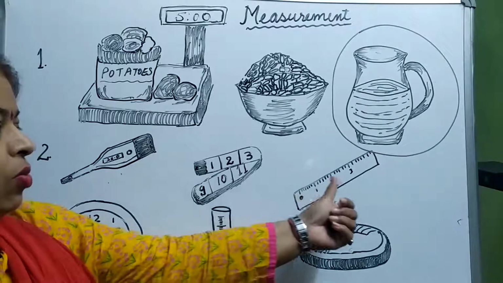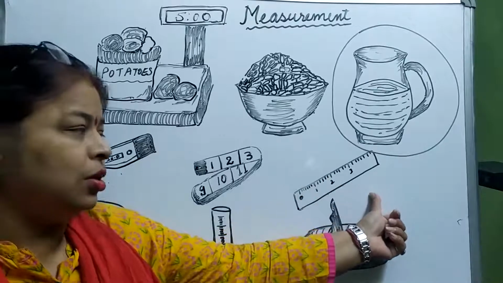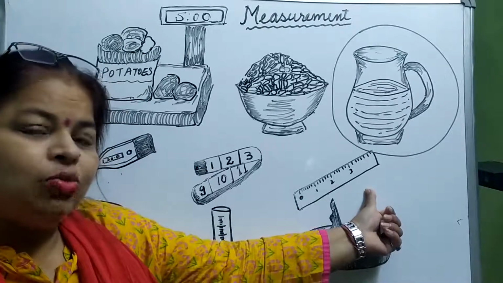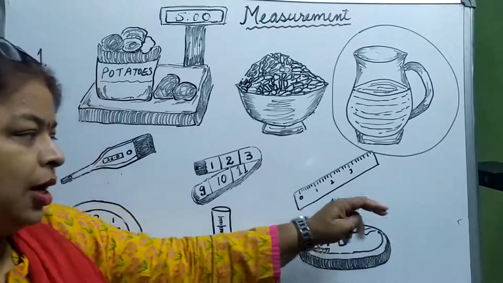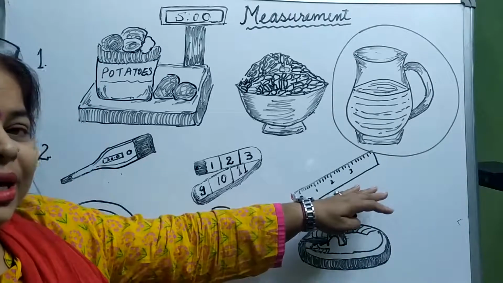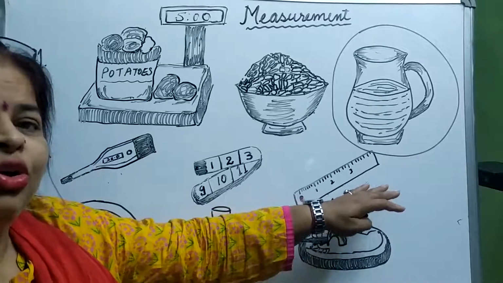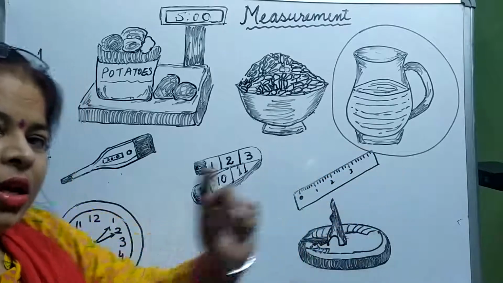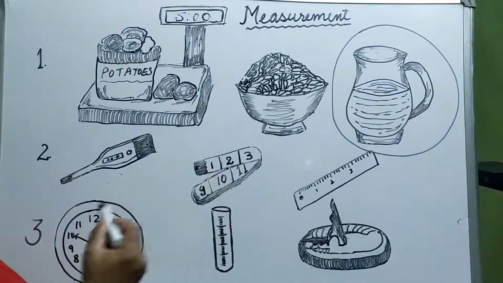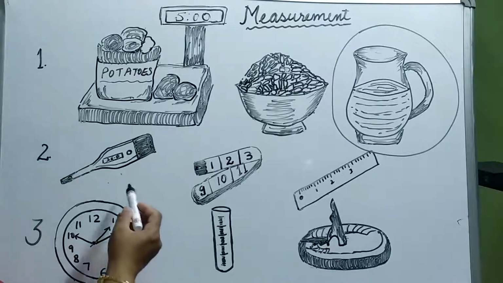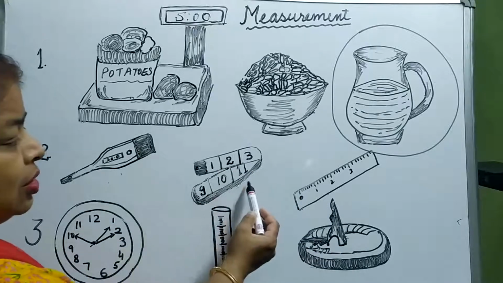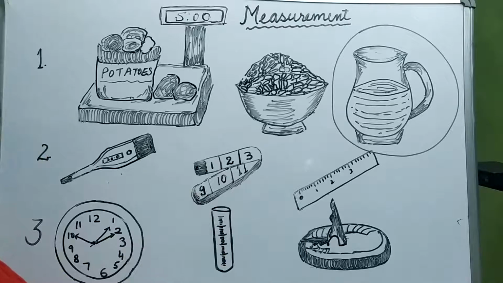Now what about the scale or ruler? For what is it being used? Again, to measure the length, but it may be of small dimensions. It is also being used to measure the length. Now just think about it and let me know which one is the odd one out. Do you think these three are similar? Are these devices used to measure similar things?